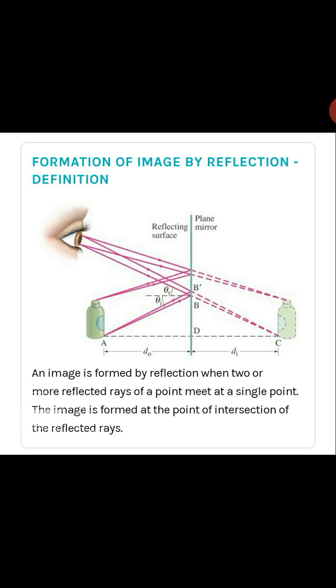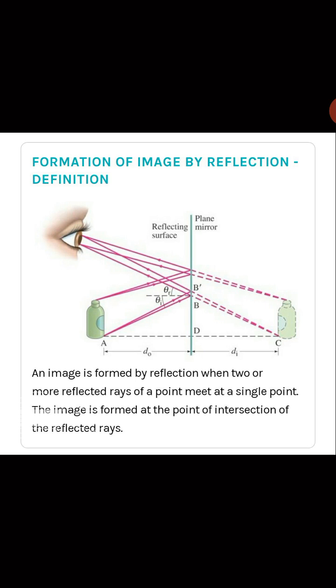You can only see an object when there is light around it. So here there is light everywhere around the bottle. Those light rays fall on the plane mirror and they get reflected back, and these reflected rays reach our eyes and we can see that bottle.